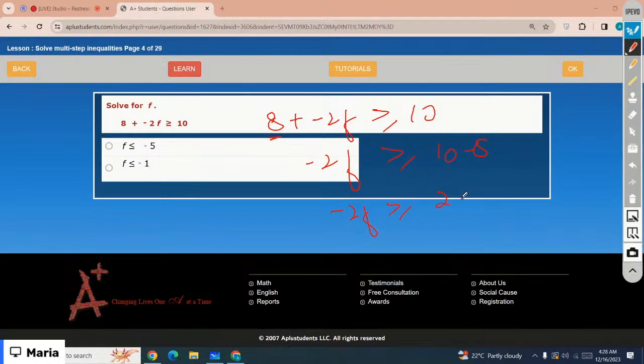So negative 2f is greater than or equal to 2. Now you have to divide both sides by negative 2. So negative 2 and negative 2 cancel out, and f is less than or equal to negative 1, because you divided by a negative number. Option number 2 is the correct option, right?